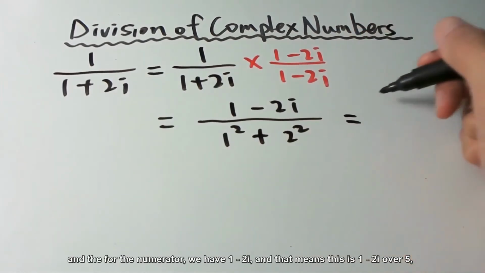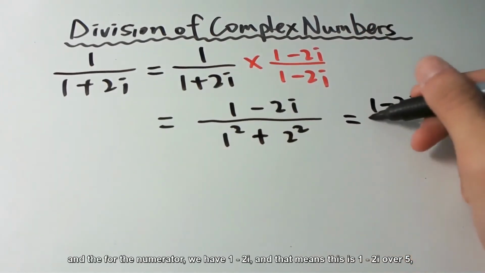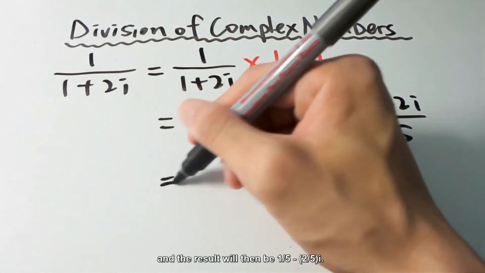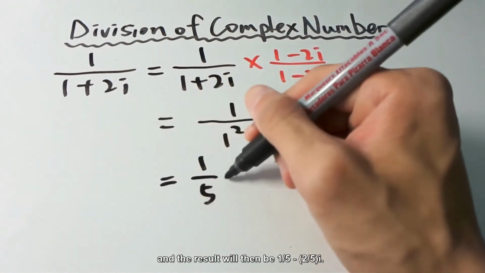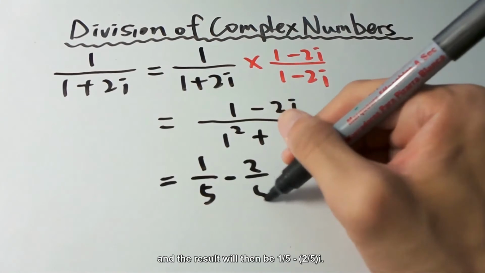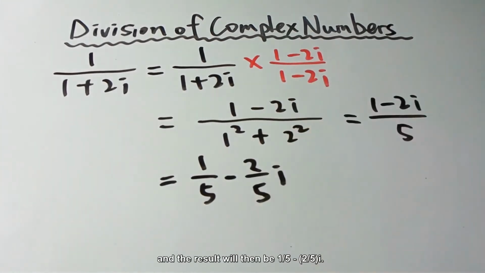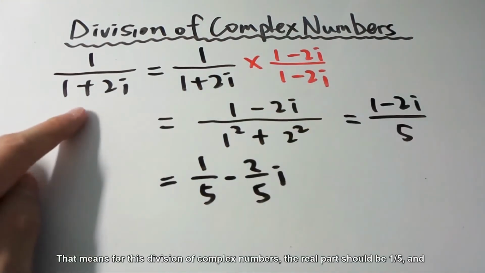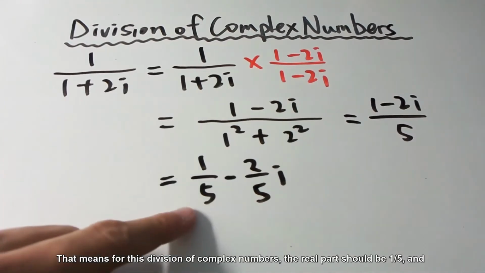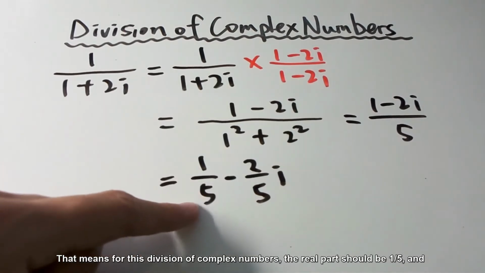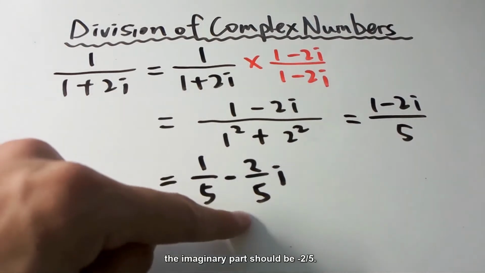This is 1 minus 2i over 5, and the result will then be 1 over 5 minus 2 over 5 i. That means for this division of complex numbers, the real part should be 1 over 5, and the imaginary part should be minus 2 over 5.